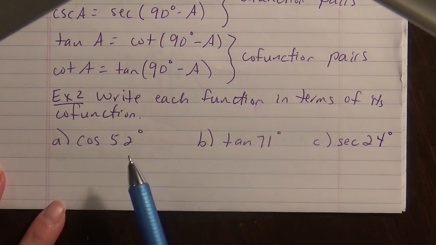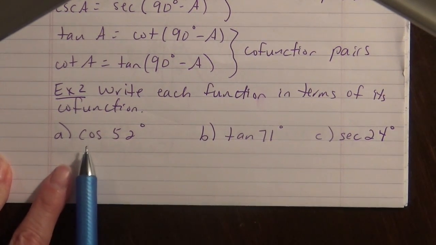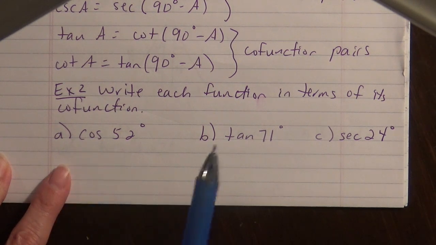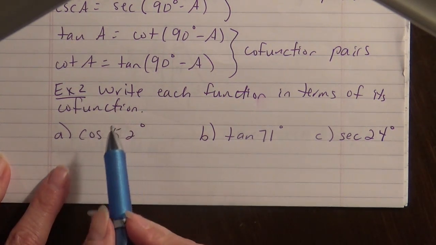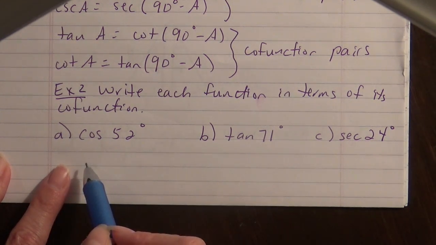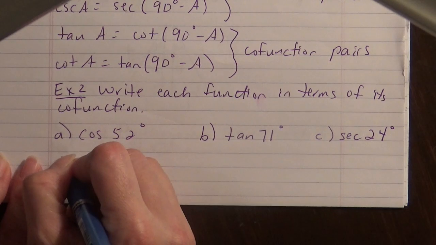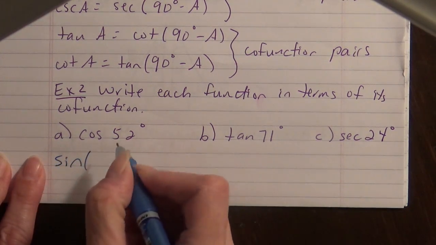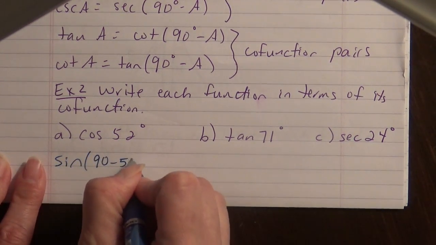Write each function in terms of its cofunction. In part A, we've got cosine of 52 degrees. Cosine is a cofunction pair with sine. So we would say this is sine, and then we would do 90 minus 52.